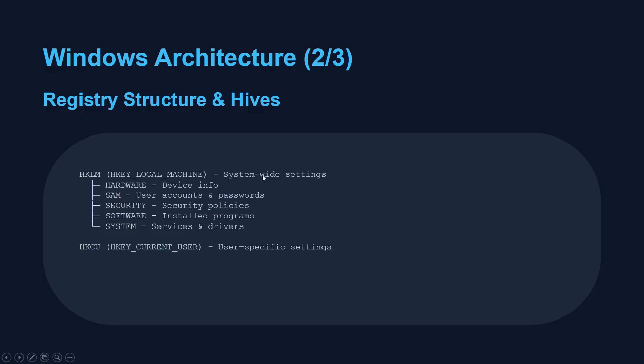In the system-wide settings, we have the hardware, the device information, SAM, user account and password, where the username and password is stored. Security, where the security policies are there. Software, where the installed software programs are. Settings, and services and drivers, where the system services are stored.